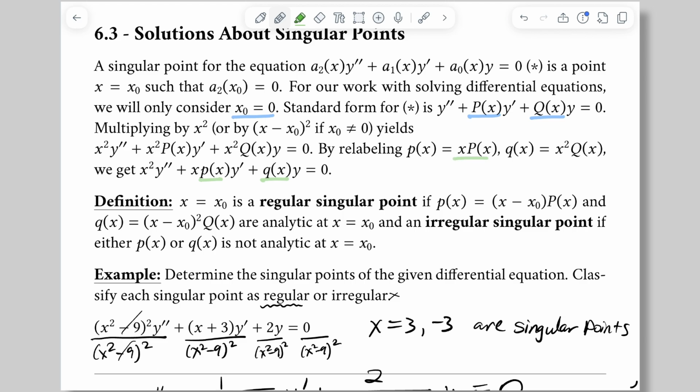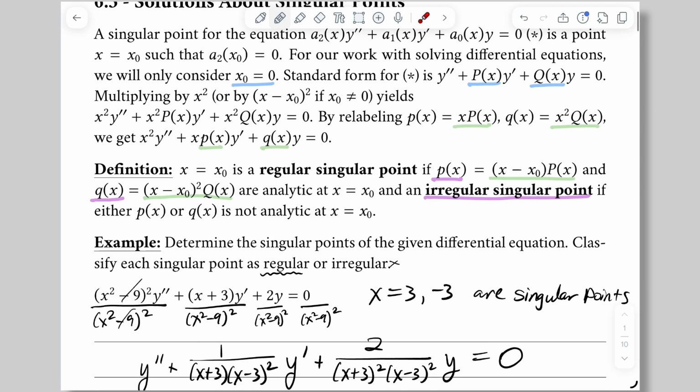Remember, lowercase p is x times uppercase P, and lowercase q is x squared times uppercase Q. More generally, that would be x minus x naught times uppercase P and x minus x naught squared times uppercase Q in the event that our point is not x equals 0. If either lowercase p or lowercase q is not analytic at x naught, then x naught is an irregular singular point. I think that's sufficient for classifying singular points as regular or irregular.